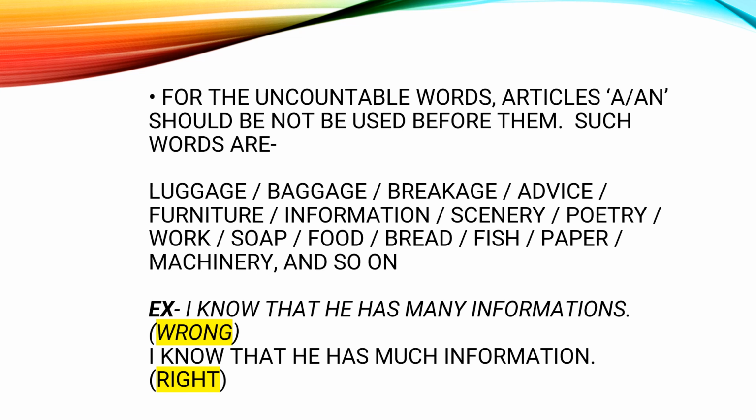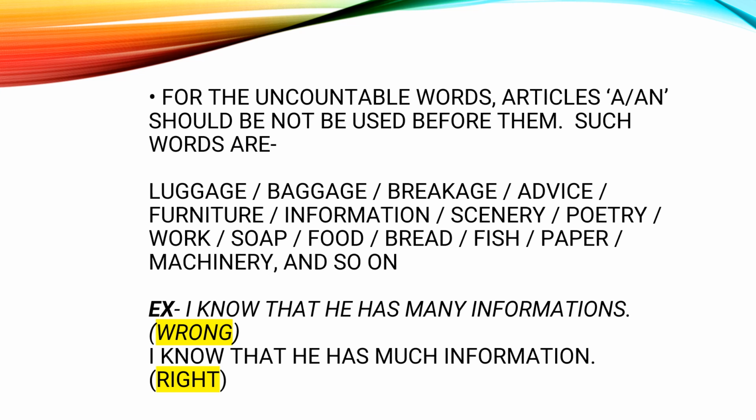Such words, before which we cannot use them, are luggage, baggage, breakage, advice, furniture, information, scenery, poetry, work, soap, food, bread, fish, paper, machinery, and so on. So these are some of those words before which you cannot use a or an.